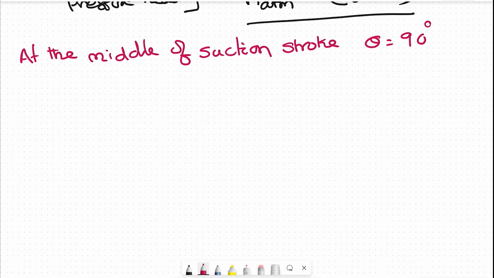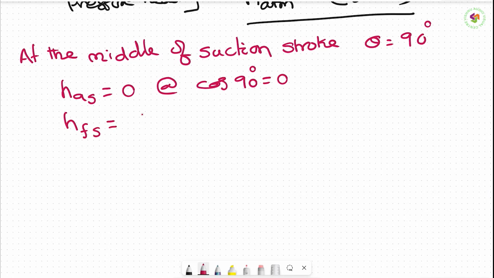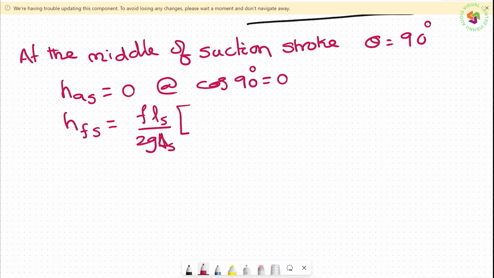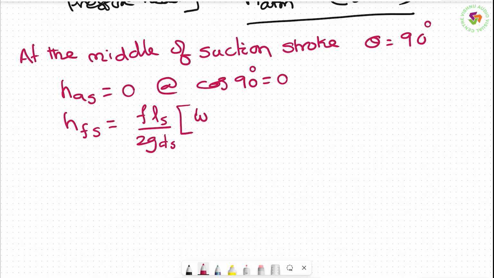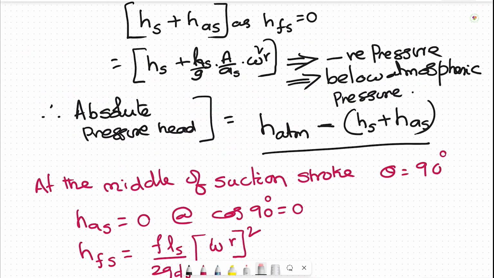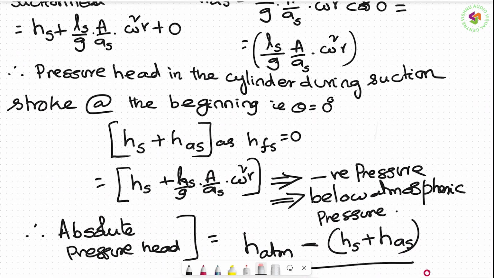When theta is equal to 90 degrees, HAS is equal to 0, as cos 90 is equal to 0, whereas HFS is equal to FLS by 2GDS into omega R whole square.